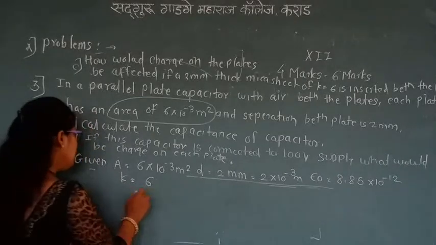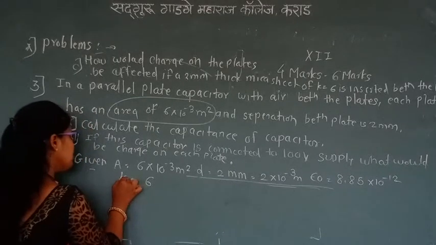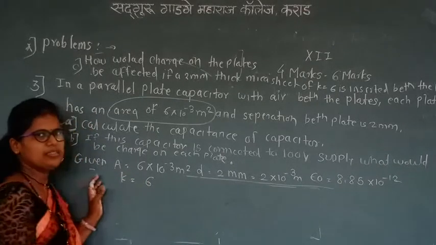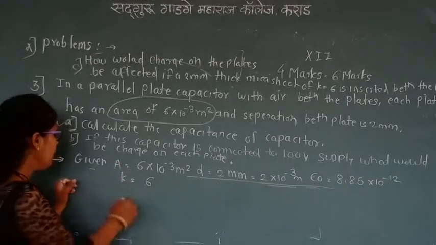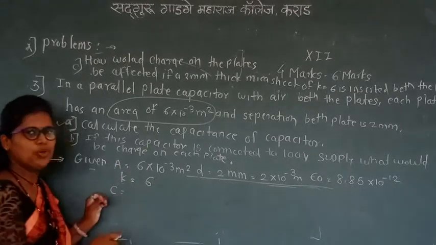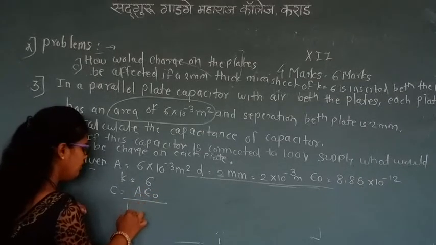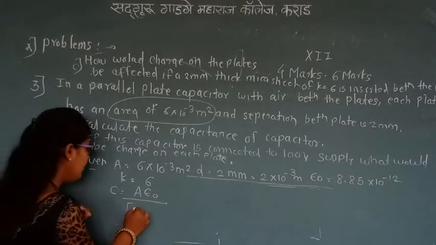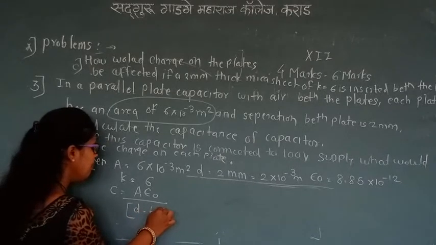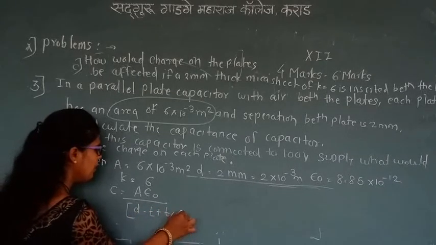This is the formula for the capacitance of a capacitor with dielectrics: C = Aε₀/(D − T + T/K).